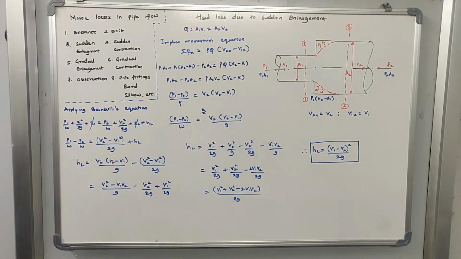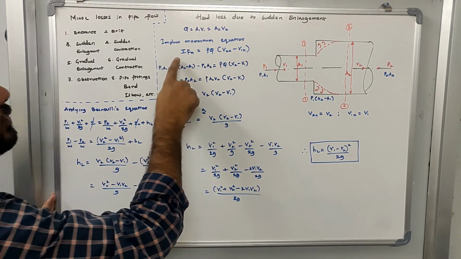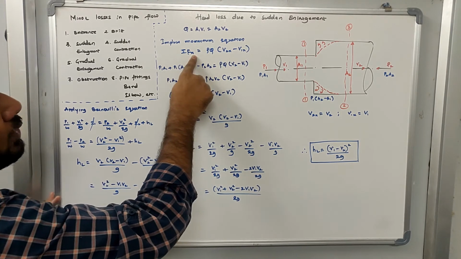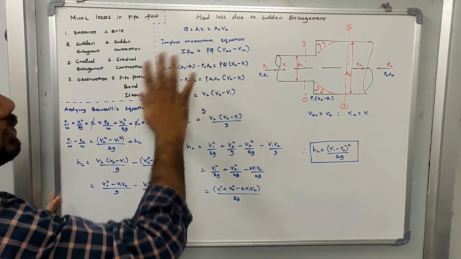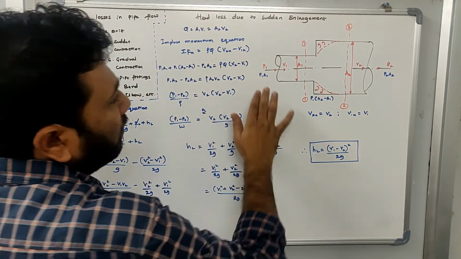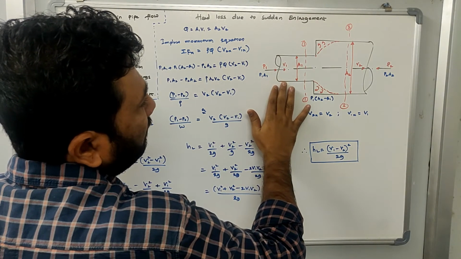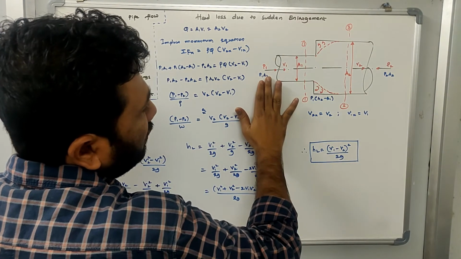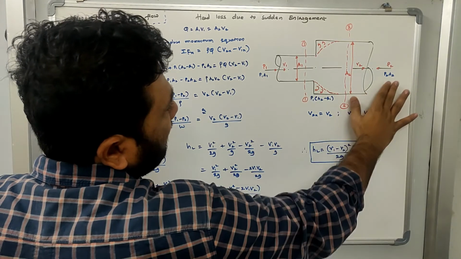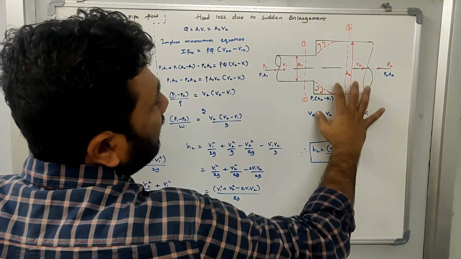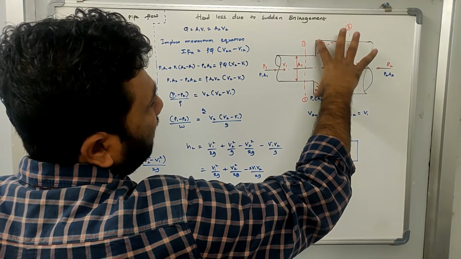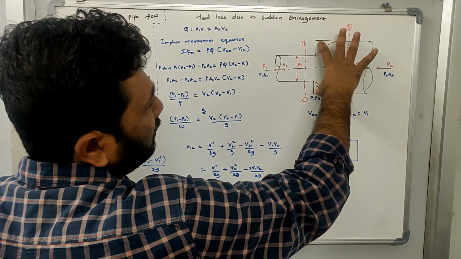Now let us solve for the summation of horizontal forces. We need to take the summation of all the horizontal forces. I have already explained that the pressure force at section 1-1 is P1A1, and the pressure force at section 2-2 is P2A2, but we need to find the pressure in these two portions.